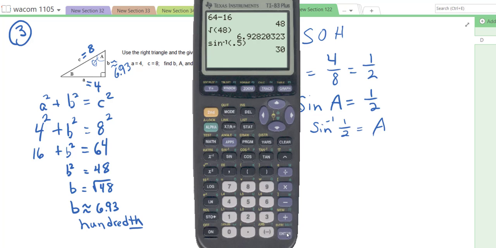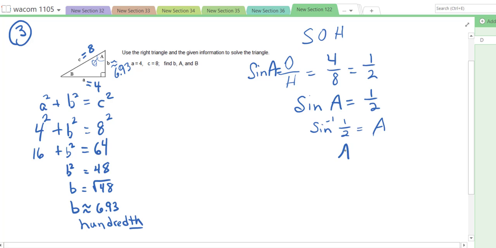Close, enter, and that is 30 degrees. So A equals 30 degrees. This one is 90 degrees, so our C is 90 degrees, which means B will have to be 60 degrees because they add up to 180 degrees.